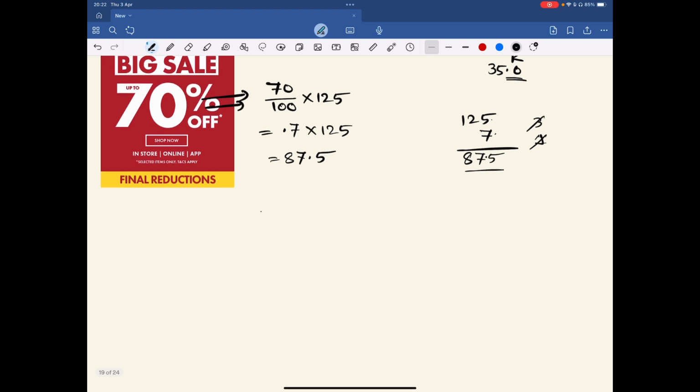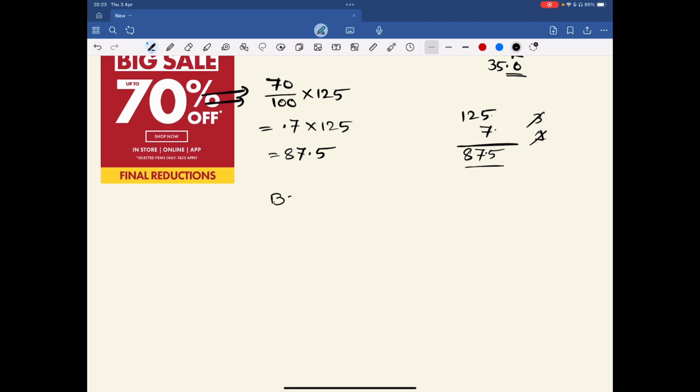Now you are going to buy a book. The book price is £85. And this time for the book, you will get, let's say, 60%.